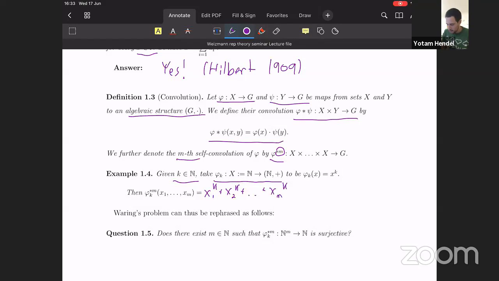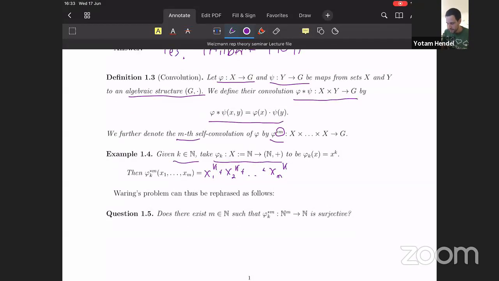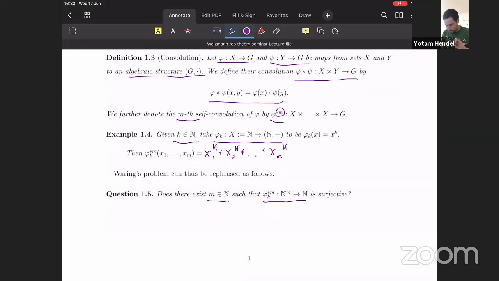In particular, this allows me to rephrase Waring's problem as: do I have some number m such that raising φ_k to the m-th convolution power, I get a surjective map?